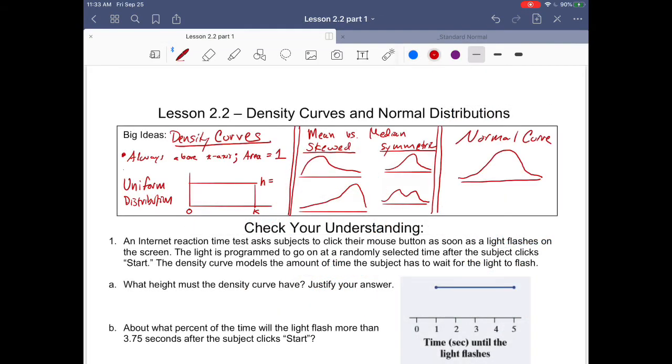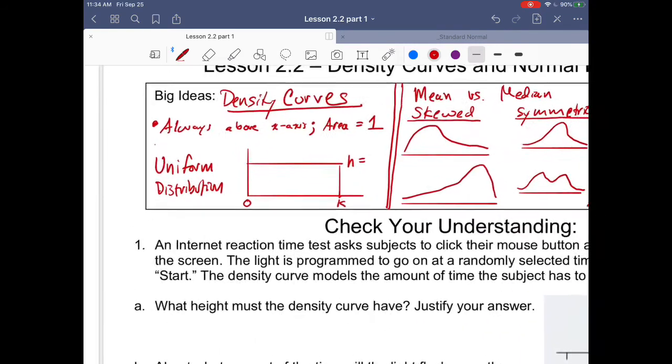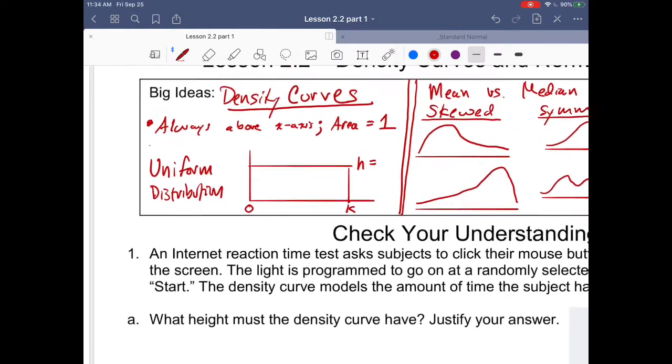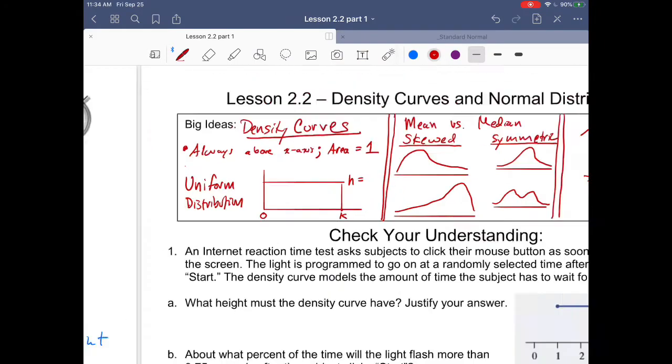All right, so here's the foundation of the important big ideas that we discussed in this lesson. So the 3 experiments gave us some insight into density curves. And a couple things about density curves. They're always above the x-axis, and the area is always equal to 1 under the density curve.